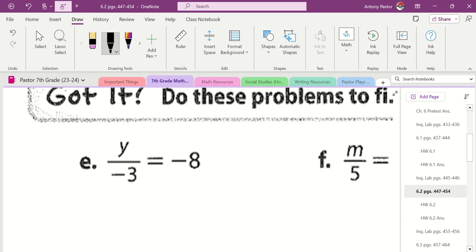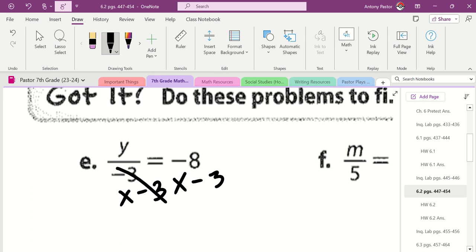So in order to undo that, I'm going to, everyone, multiply by -3. So I'm going to multiply this side by -3. I got to do the same thing to the other side. Y will equal -8 times -3. What is -8 times -3, ladies and gentlemen?